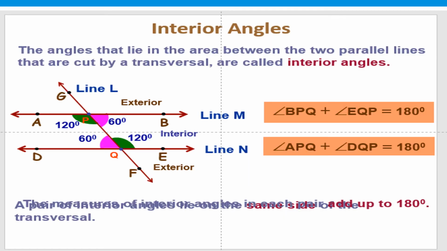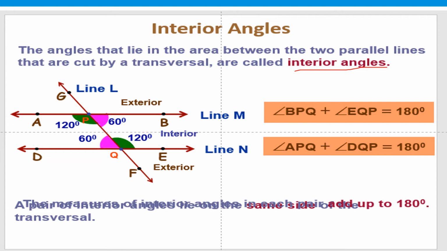Okay, so the angles that lie in the area between the two parallel lines that are cut by a transversal are called interior angles. So we have the angle BPQ plus the angle EQP, so this one is equal to 180 degrees.